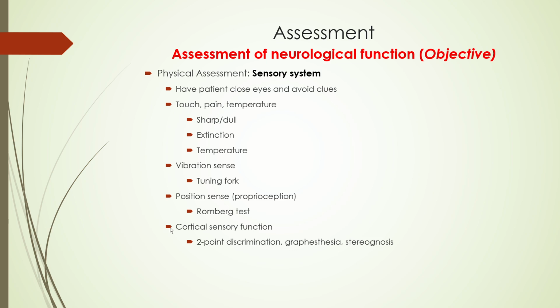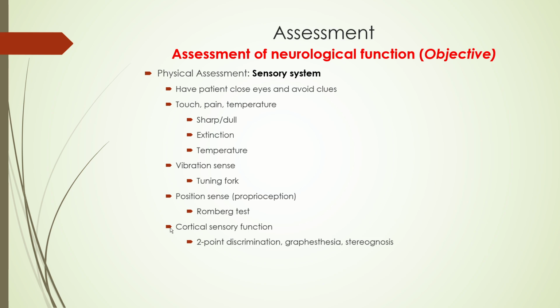And then you get them closer and closer together, and then you document at what point the patient only feels 1 point versus feeling 2 different points. And it may be that they don't feel 2 points at all, and you have to assess at what point they only feel 1.